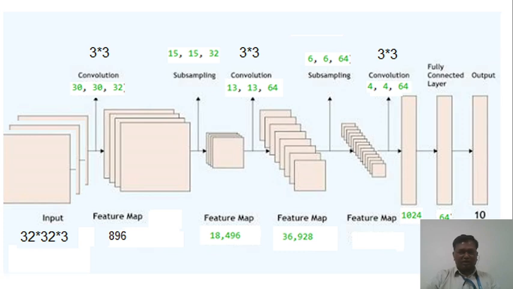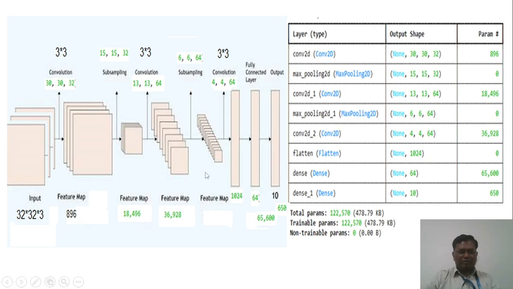It may change for your code. The same image along with the output I have displayed here. So approximately we are processing 1,22,570 parameters, but still we are getting around 75% accuracy. By increasing the number of epochs, you will get above 95%.